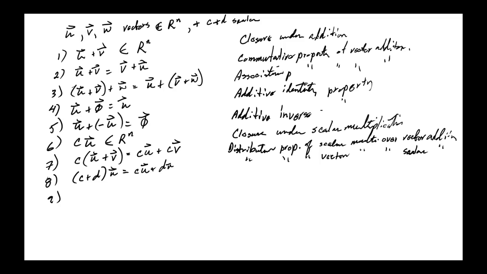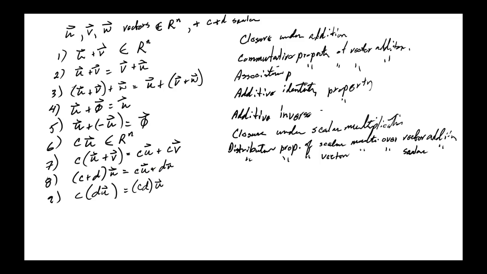Now, here's another one that seems familiar. C times du, where u is a vector, C and D are scalars. What would that be the same as? Yeah, parentheses C D times u. Okay.